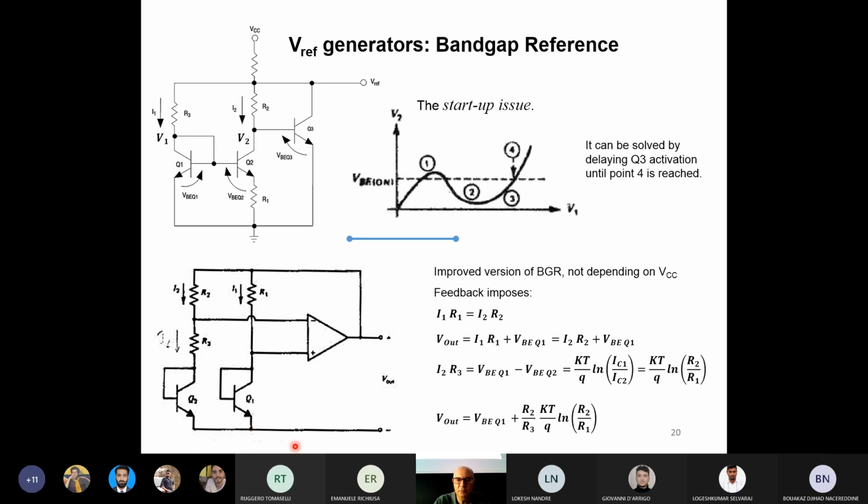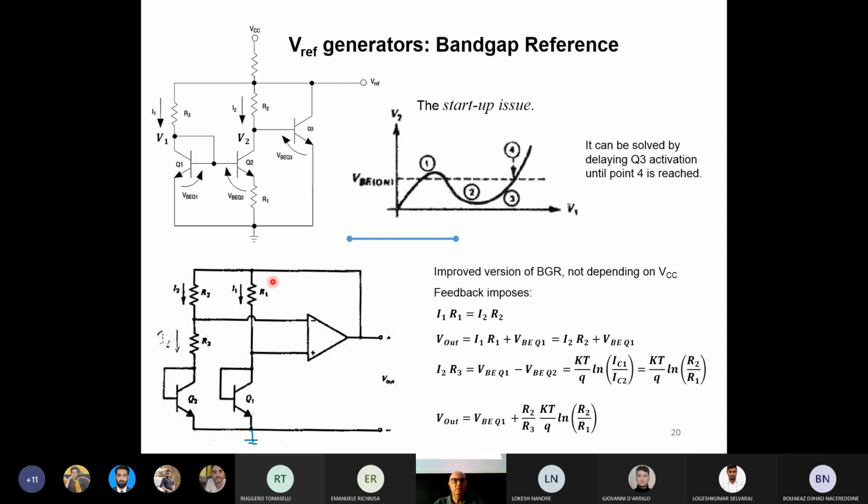Here they didn't put the ground. We can put the ground here, for instance, like this. Okay, let's suppose that's the ground. So the output voltage is the output voltage of the op-amp itself.